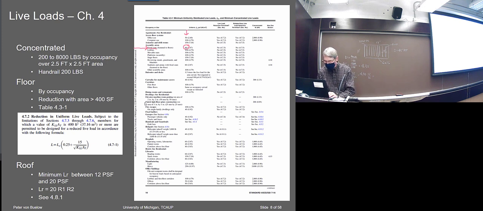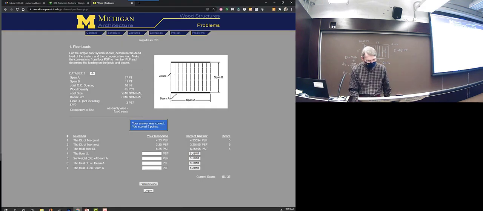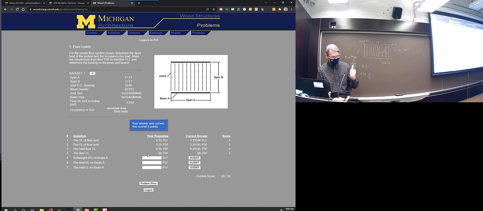Okay, so now, oh golly, now I gotta come back to this page. Okay, so that would be this one, and we said it was 60. Okay, man, we are on a roll.